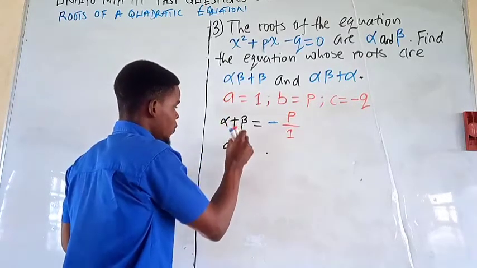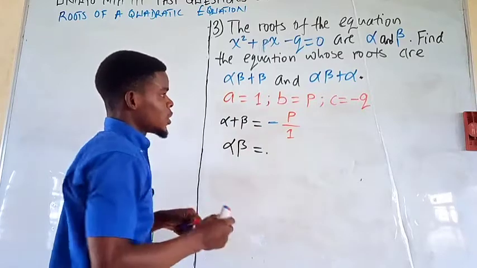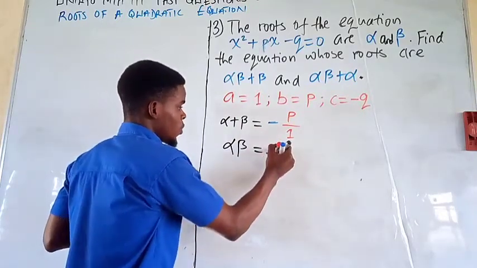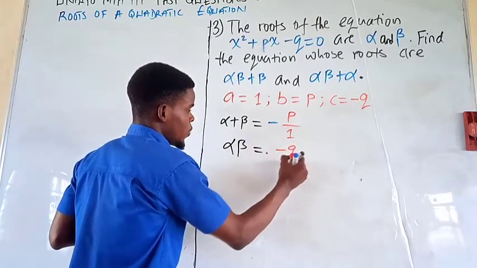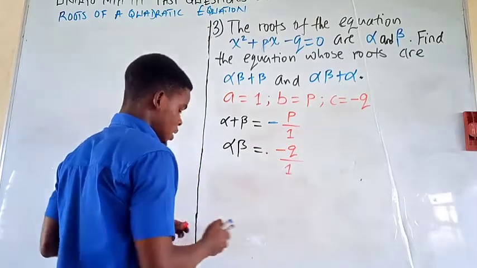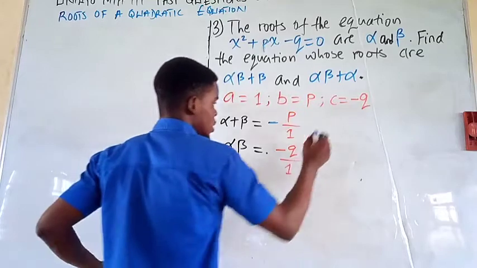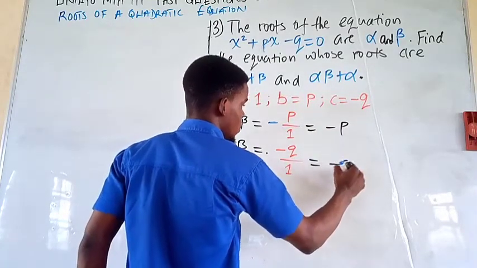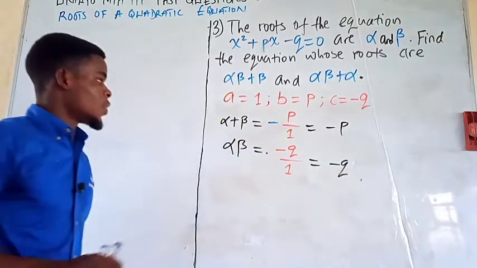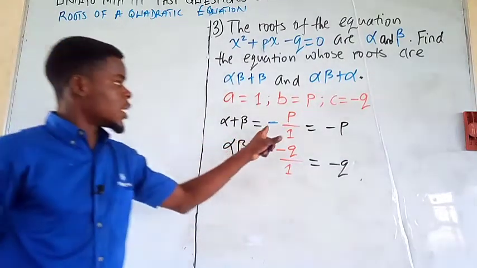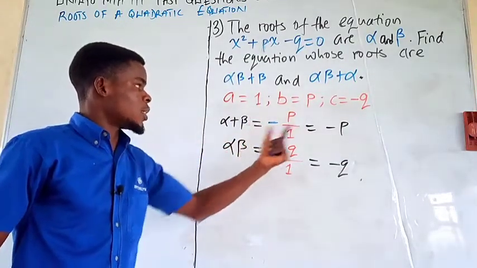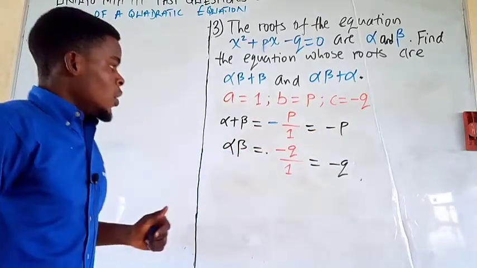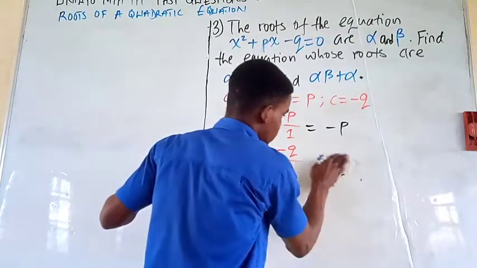And then alpha times beta will give us c over a, where c here is negative q, sorry, and a here is just 1, alright? So you can see from here that this is just equal to negative p, and this one is just equal to negative q, just like that. So the sum of those roots is giving us negative b over a. The product is c over a. So that's just it, alright? Okay, so that makes sense. Let me write it straight.